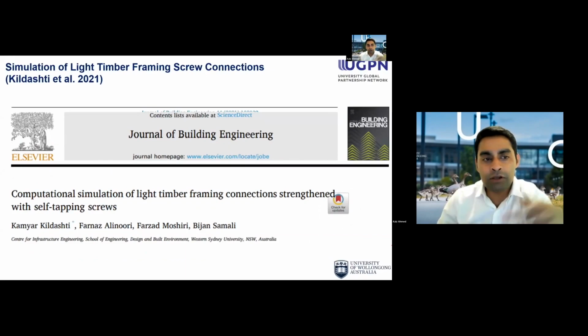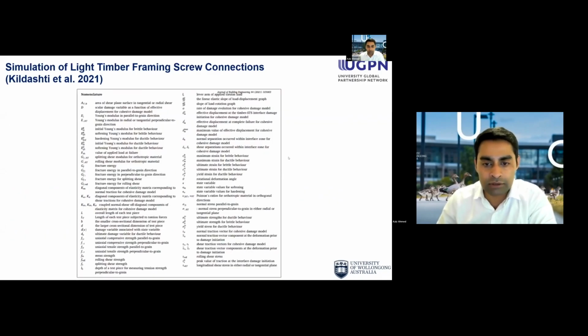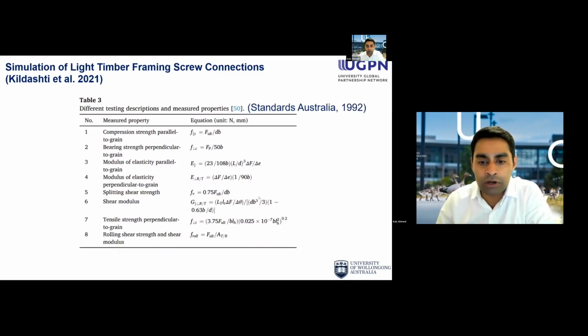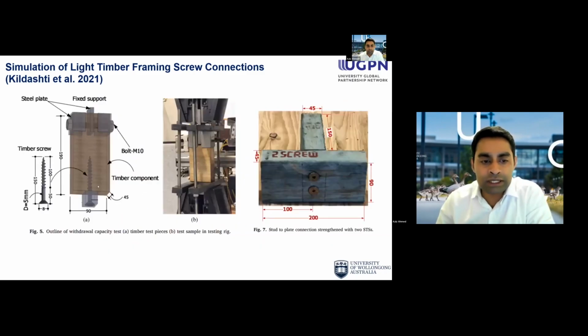Now, building on that particular paper, this paper in Journal of Building Engineering is a very good paper. They modeled exactly what we intend to model. Again, not for engineered bamboo, but they modeled standard timber. So they modeled this screw pull-out withdrawal.